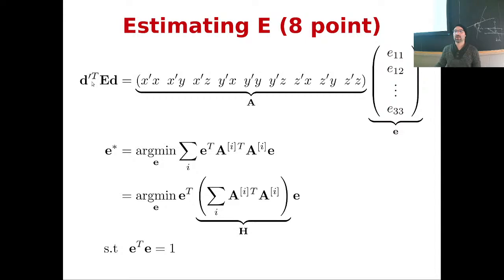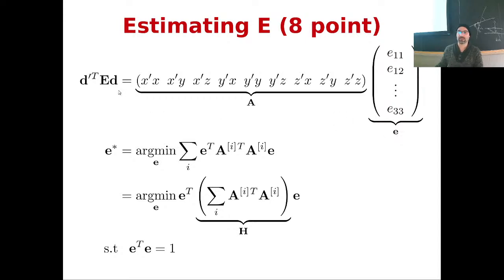If you write down on paper the product x prime 1, x prime 2, x prime 3 transposed, multiplied by E11, E12, E13, and so on, if you unfold this expression and you rearrange the terms, you will figure out that this constraint, which is the line intersection constraint, could be rewritten in this form. Okay, guys? Is that clear?